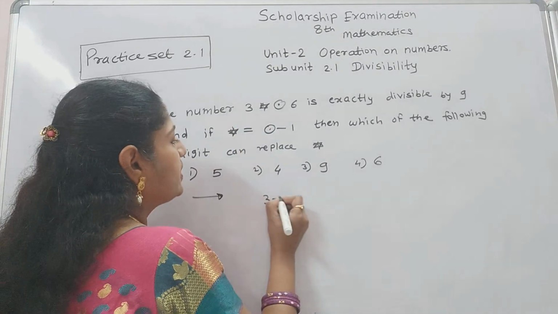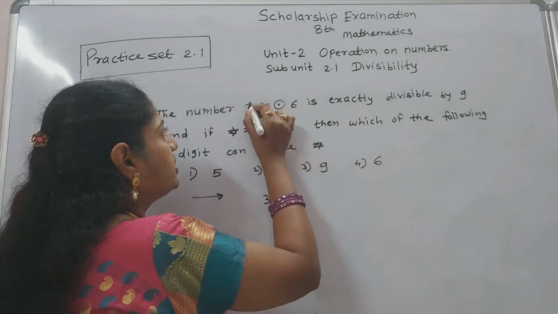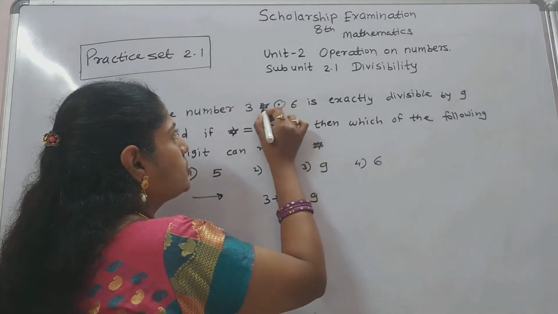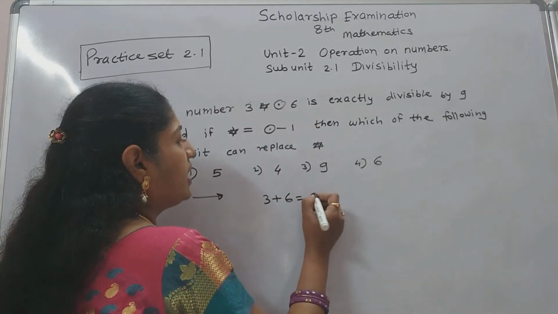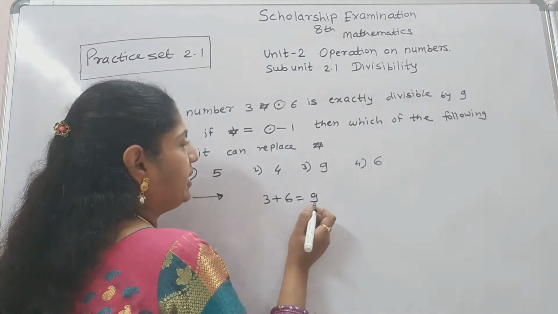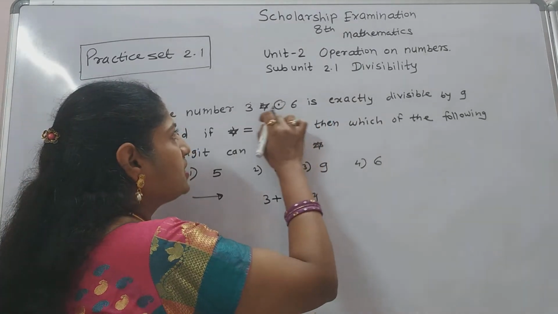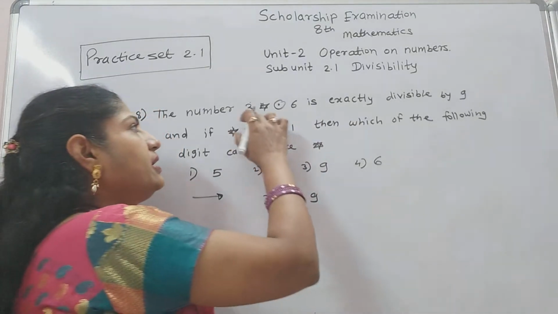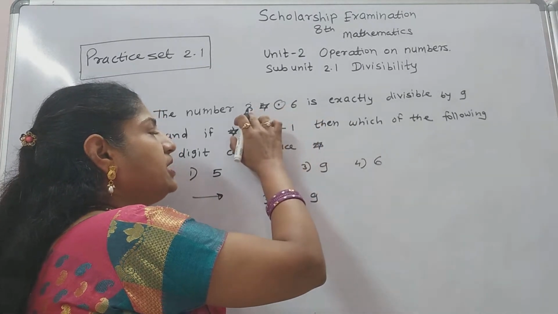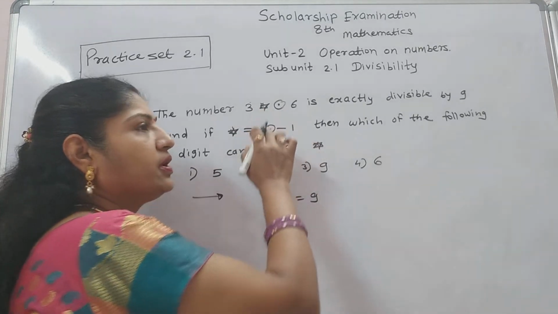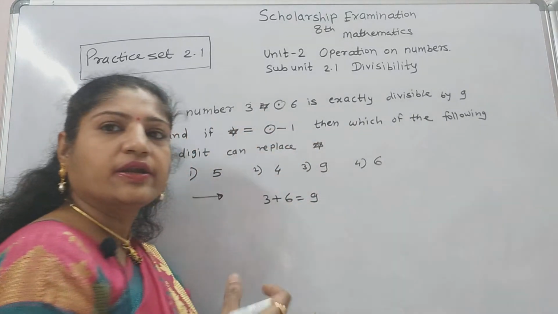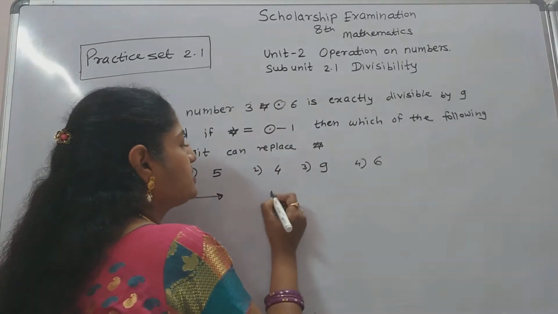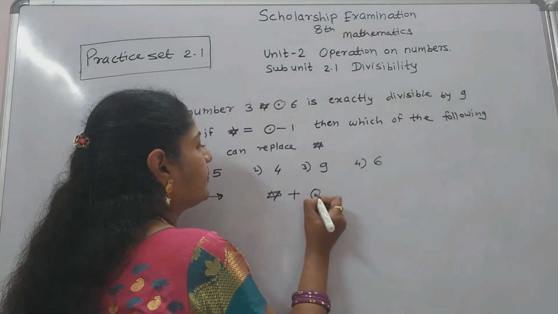Now 3 plus 6, you know the digits 3 and 6, 3 plus 6 equals 9, and the next is 9 plus 9, 18. So when the sum is 18, the number is divisible by 9. 6 plus 3, 9. So star plus dot equals 9.